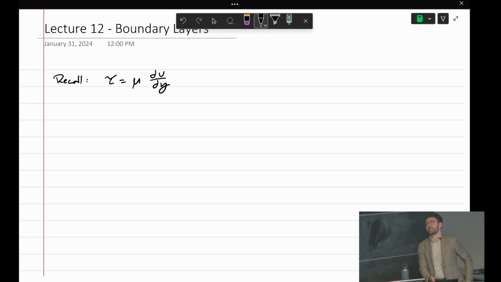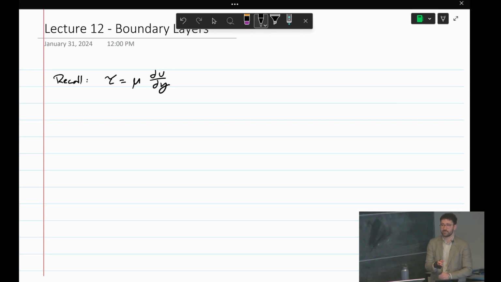Any volunteers to tell me, is this a Newtonian or non-Newtonian fluid, if that's the shear stress relation? Just take a guess, it's 50-50. Yes, please. Newtonian, correct, because there's a linear relationship between shear stress, tau, and the rate of strain du/dy.